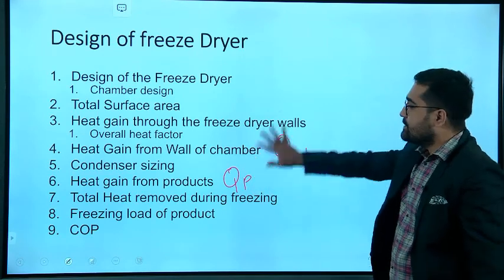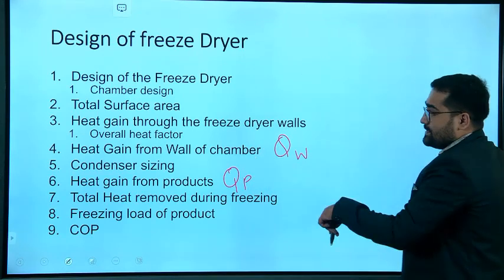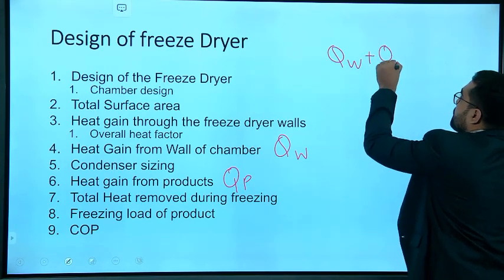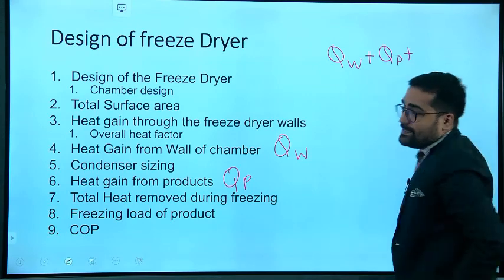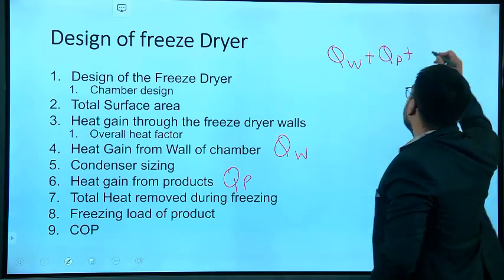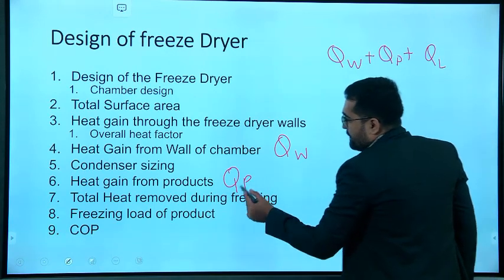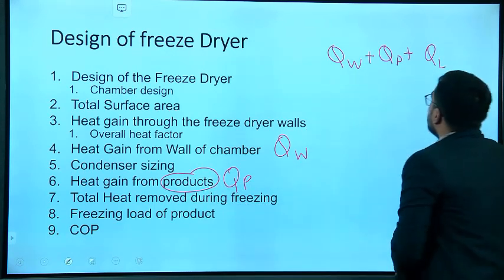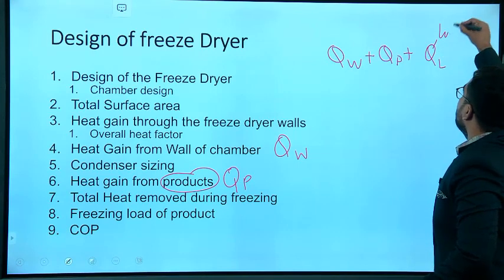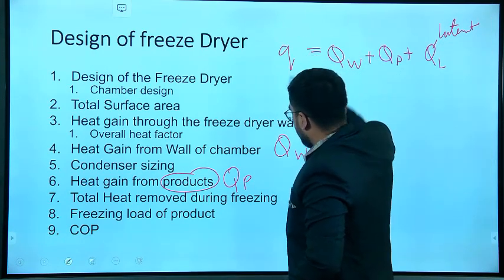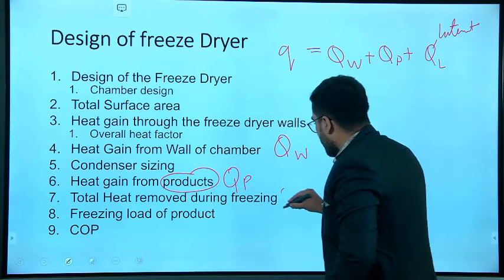These are the heats removed from the product, plus there is a latent heat also, which we consider QL, which is generally related with the product. This is the latent heat, and the sum is equal to Q, the total heat removed during freezing.